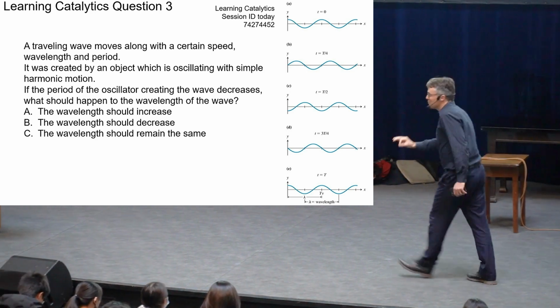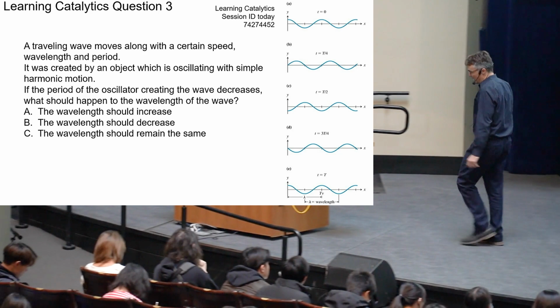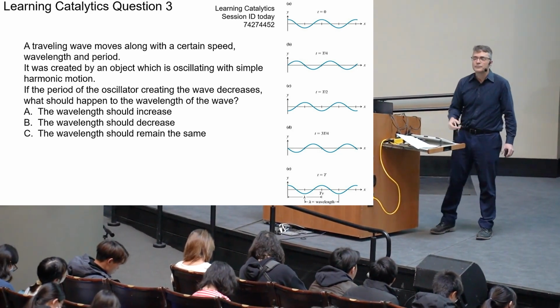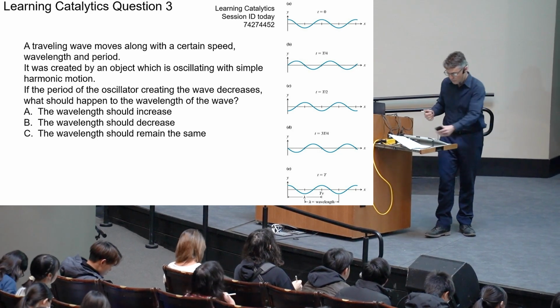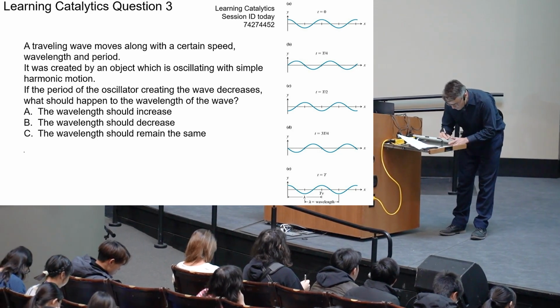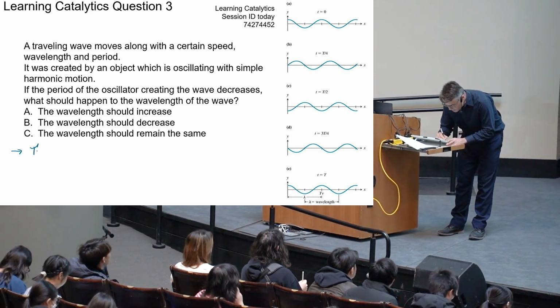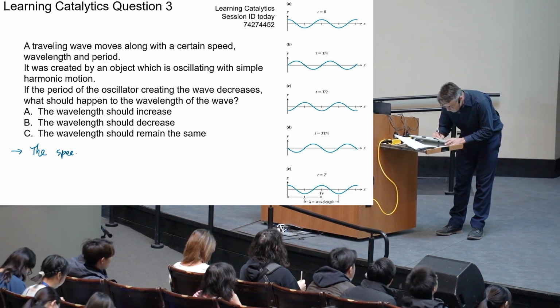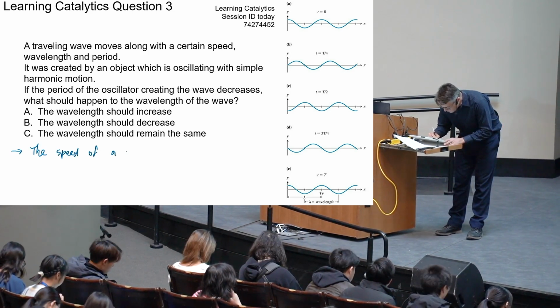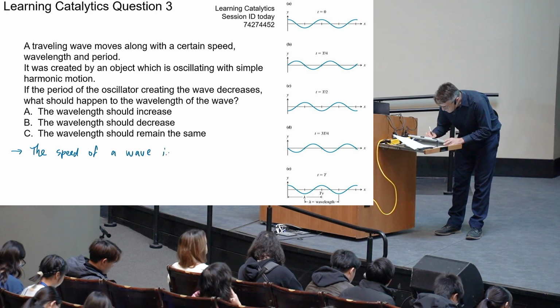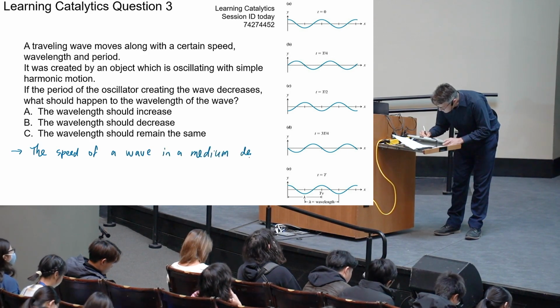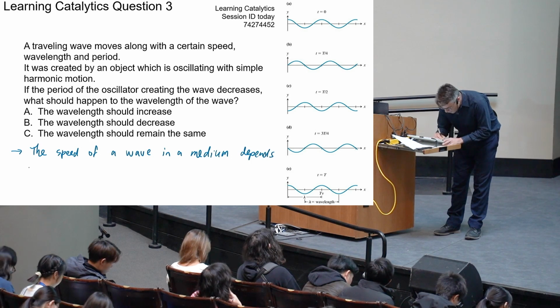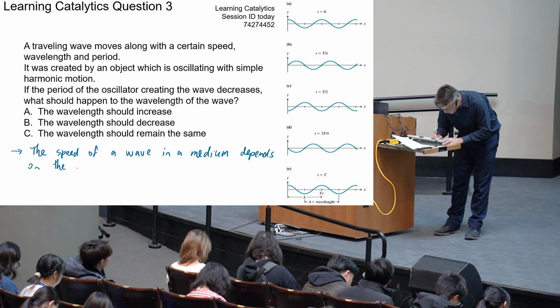So what I'm trying to say here, I guess, and this is the key message for everyone to walk away with, is that the speed of a wave in a medium depends on the properties of the medium, not the wave.